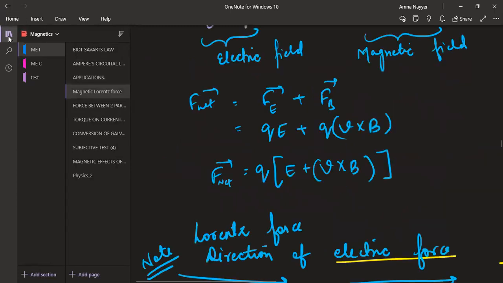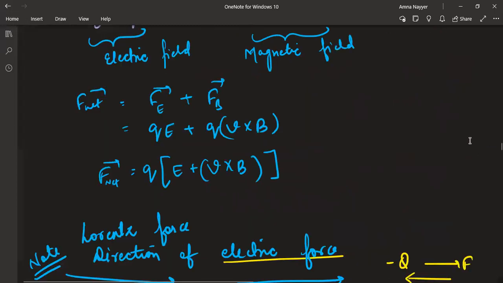Then you have the magnetic Lorentz force. Firstly, you have magnetic force. Magnetic force simply says that it's the charge multiplied by the cross product of velocity and magnetic field, q (v cross B). That is your magnetic force. And because of an electric field, you have electric force, that is charge multiplied by electric field, qE.